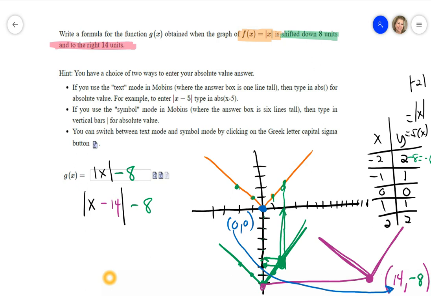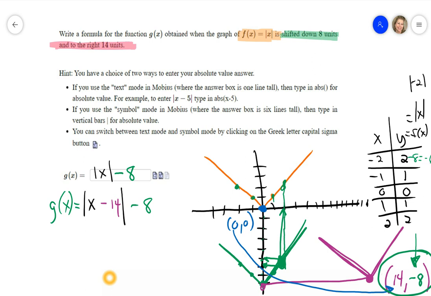Because in order to get a y coordinate of negative 8, remember you have to plug and chug into this. So I've got this g of x is equal to this ordered pair right here, 14, negative 8.